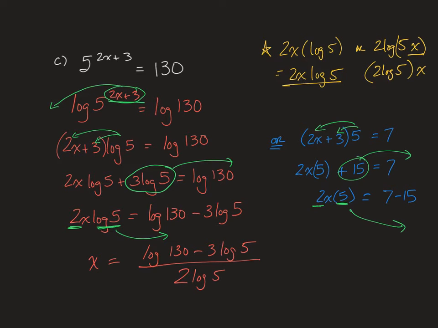I just want to draw to your attention one key thing. I'm going to simplify my blue equation now a little bit, at least to that. I know that there is nobody who goes, hey, I can divide out a common factor of 5 from there. Because you notice that on top, you have 2 terms. And the only way you can divide out a common factor is if you divide it out of all terms.